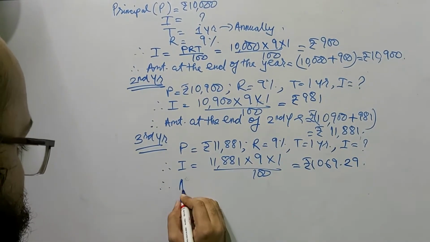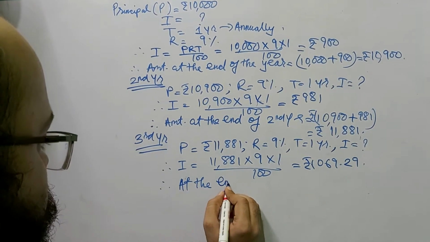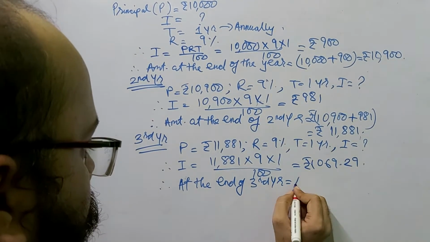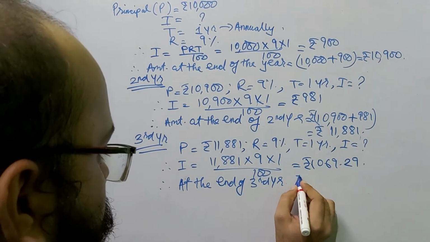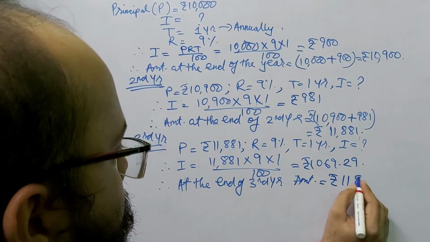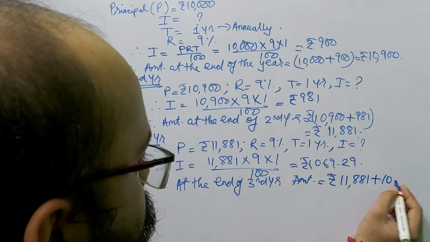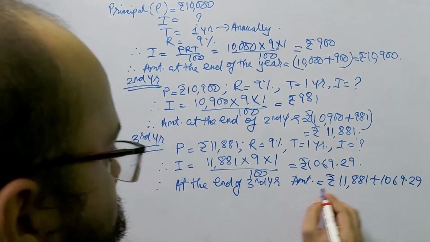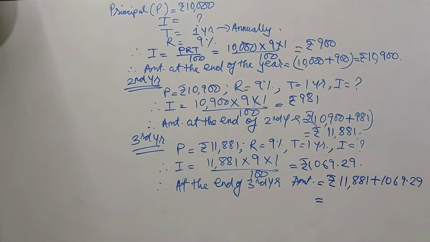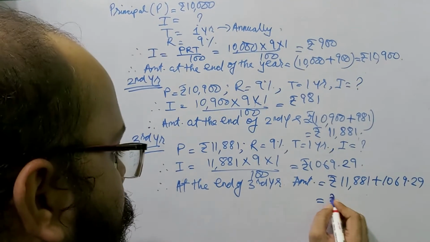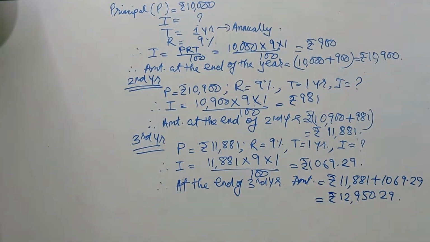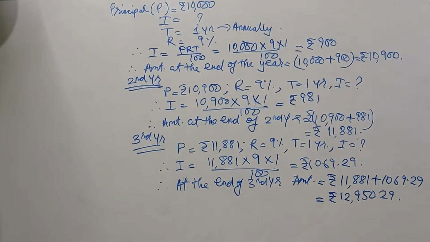So at the end of the third year, the amount in rupees is 11,881 plus 1069.29, and you will get the amount as 12,950.29. Okay, that is the first part of the question.